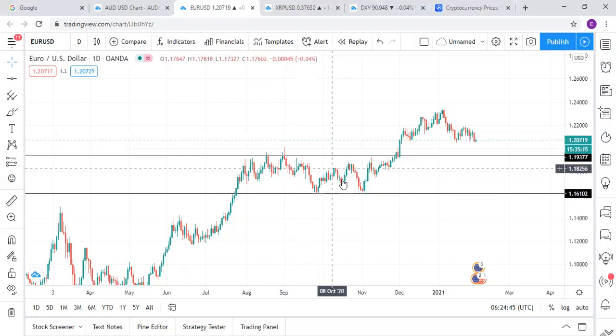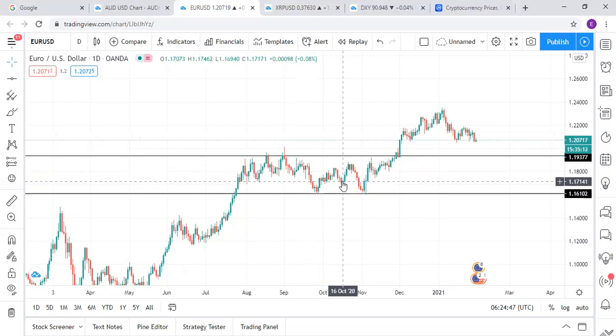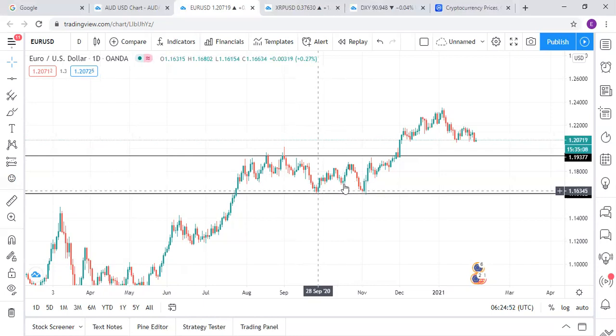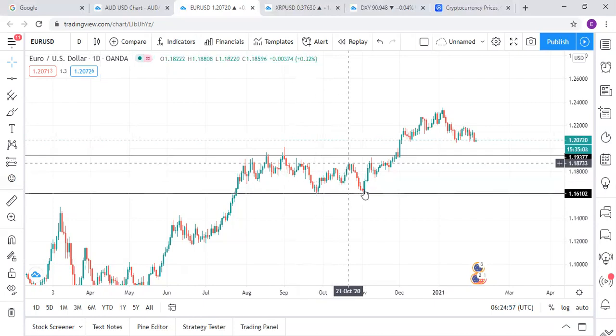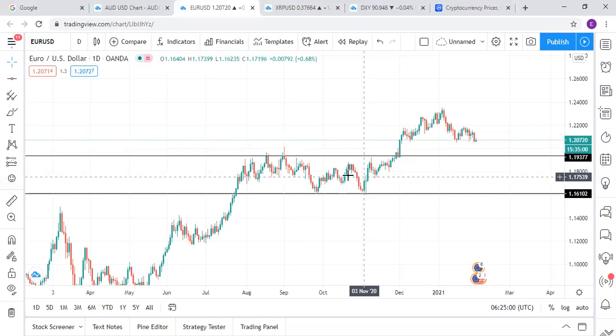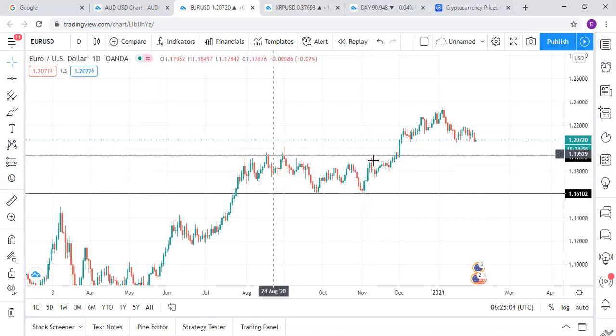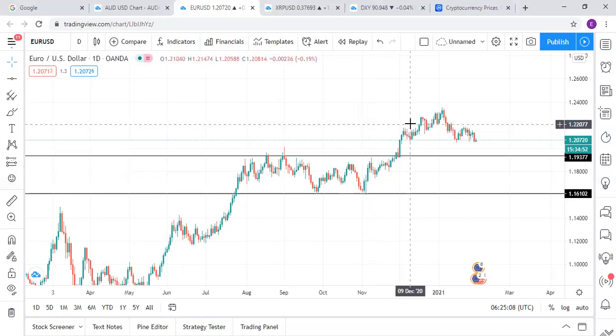Look at it. Now we have a low that is higher than this previous low, so we can call it a higher low. Then after this we see it breaking out, even closing above this, and it went up, giving us another higher high.